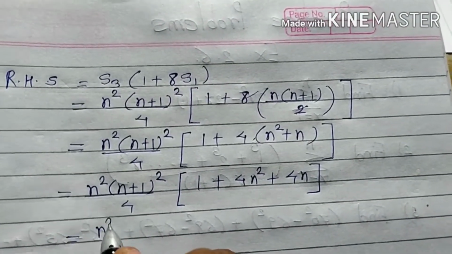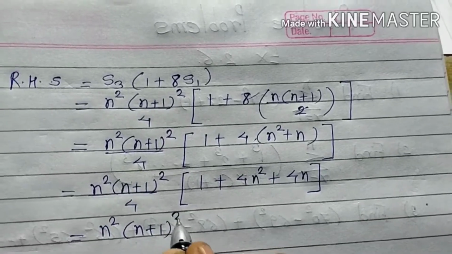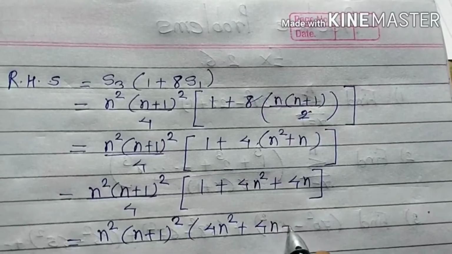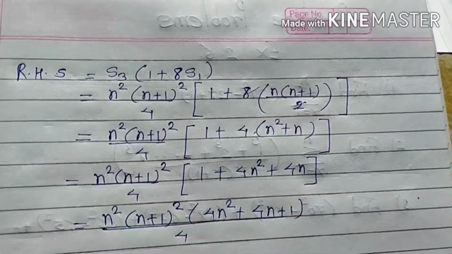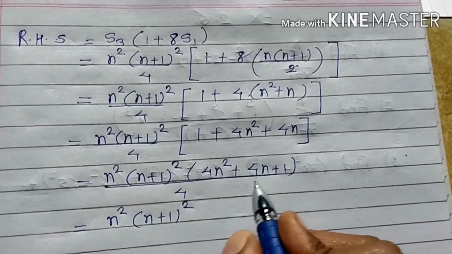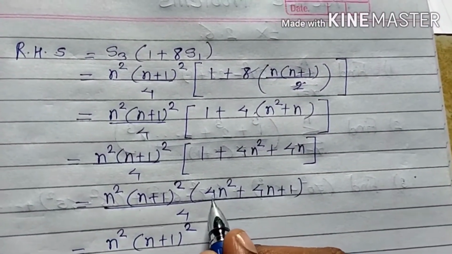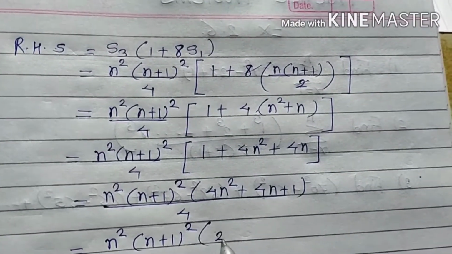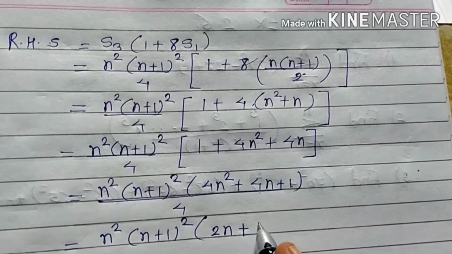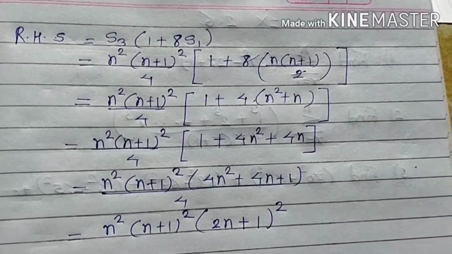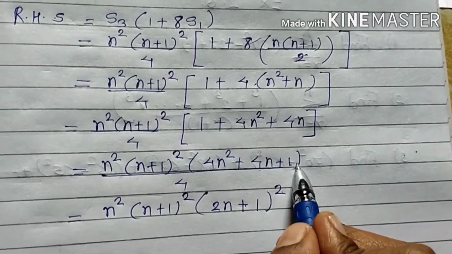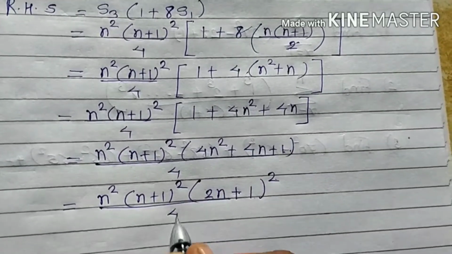So it is n square into n plus 1 square, and I am writing here 4n square plus 4n plus 1 upon 4. Now as this is the square of 2n, plus 1 which is the square of 1, it is 2n plus 1 whole square. After expanding 2n plus 1 whole square, we get this term upon 4.